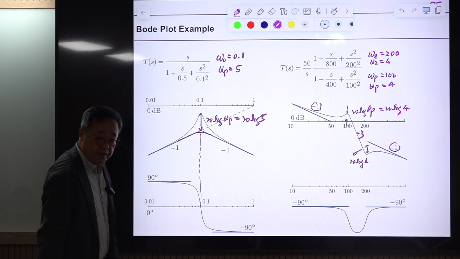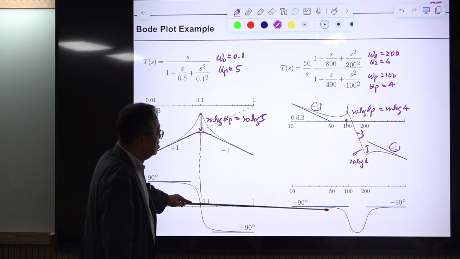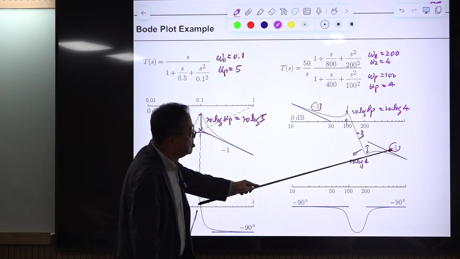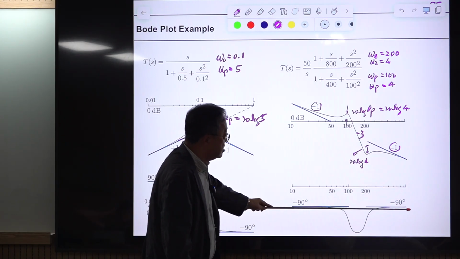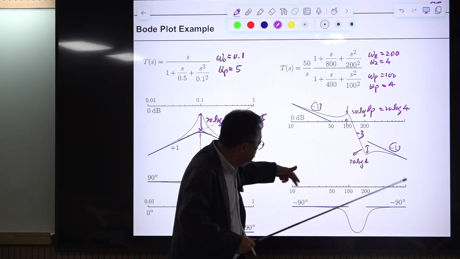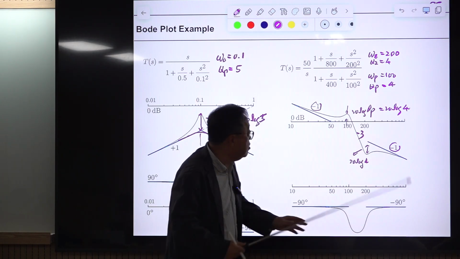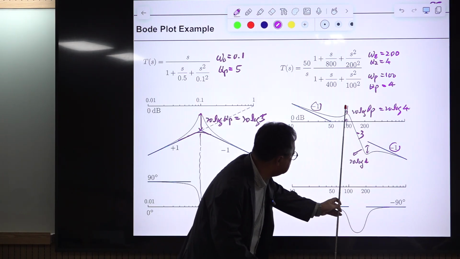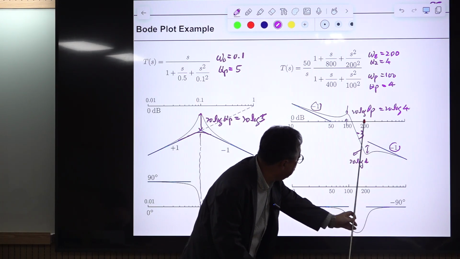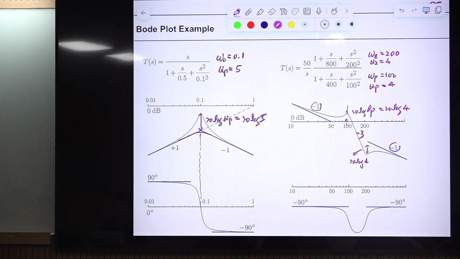How about phase? This is minus 1 slope, so phase is minus 90. This is minus 1 slope, then phase is minus 90. In between, the phase is decreased and increased by the double pole and double zero, but we don't care about this part. But at this peaking frequency, the phase will be 0.